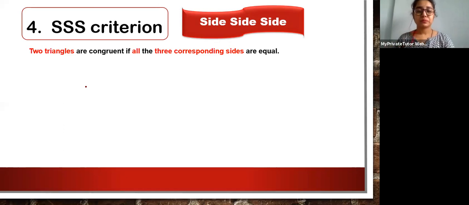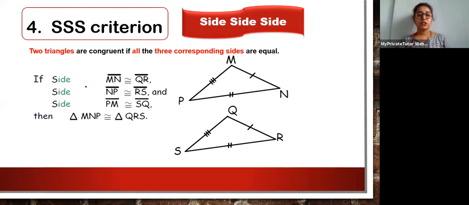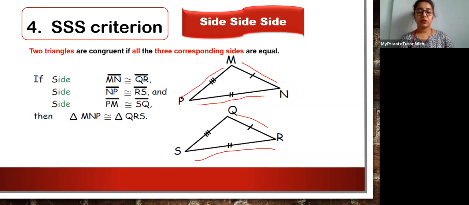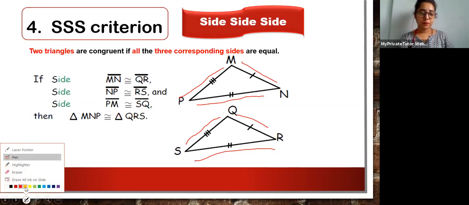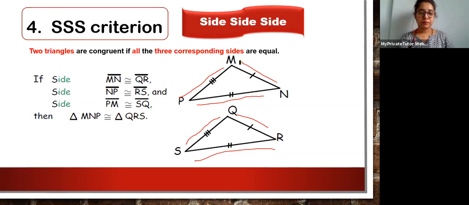Let's check this as well. You can see that MN is congruent to what? MN is congruent to QR. NP is congruent to RS. MP or PM is congruent to SQ. So you can see that each of these sides is equal to its corresponding side.